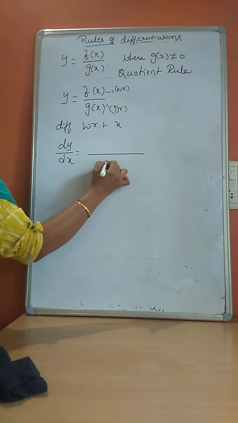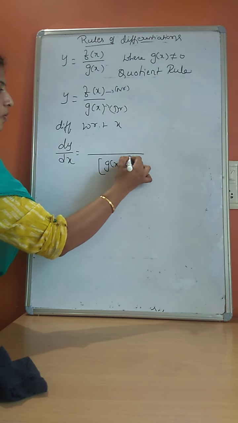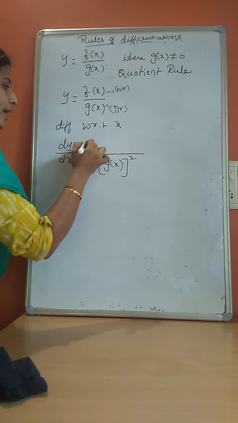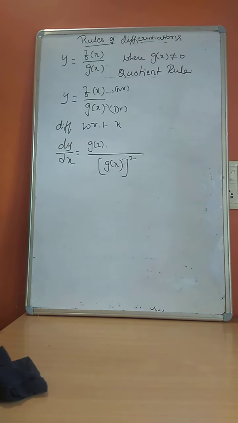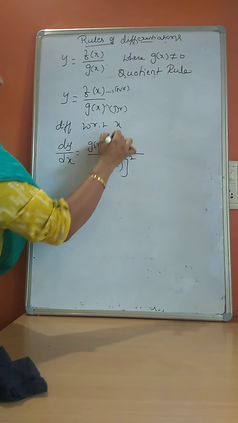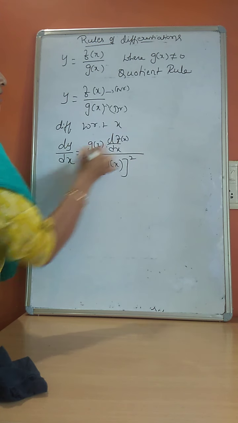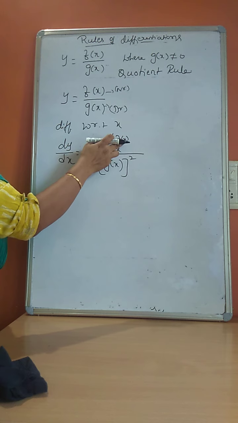The denominator is g of x whole square. Square the denominator. Next, in the numerator, g of x, that is denominator, into differentiation of f of x, that is, denominator into differentiation of the numerator.